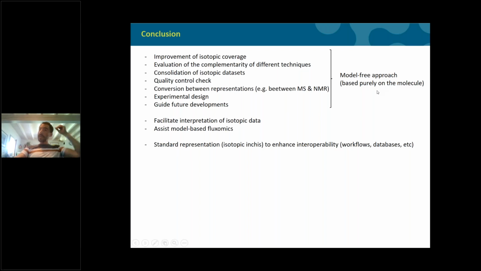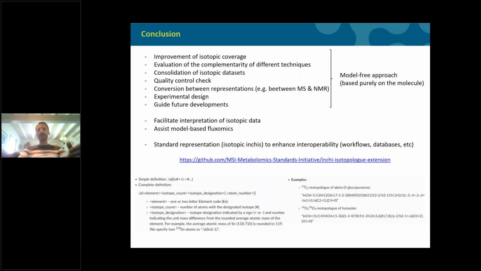It's important to mention that this approach does not rely on any metabolic model, just on the structure of the molecule. And we have also implemented, I didn't mention that, a standard representation based on isotopic InChIs in IsoSolve to enhance interoperability of the tool in different workflows, databases, and so on, towards the FAIR principles.